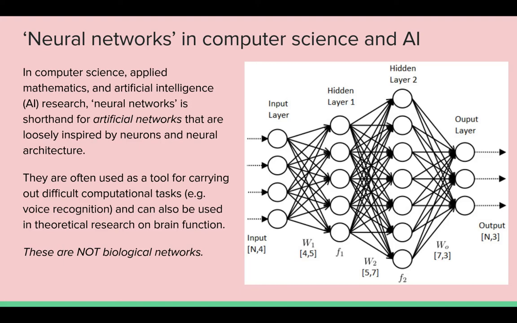Neural networks in computer science are basically tools that can be used to carry out computationally difficult tasks. For example, on your phone, you probably have some voice recognition capabilities. Those capabilities are enabled by an artificial neural network. In addition, these networks can be used in some cases for theoretical research on brain function. But when people are talking about Google's latest neural network technology, they're not talking about biological networks. They're talking about artificial networks that are very loosely inspired by neurons.